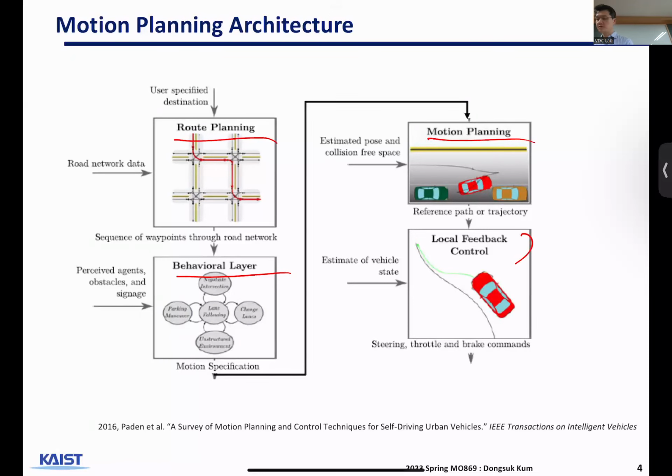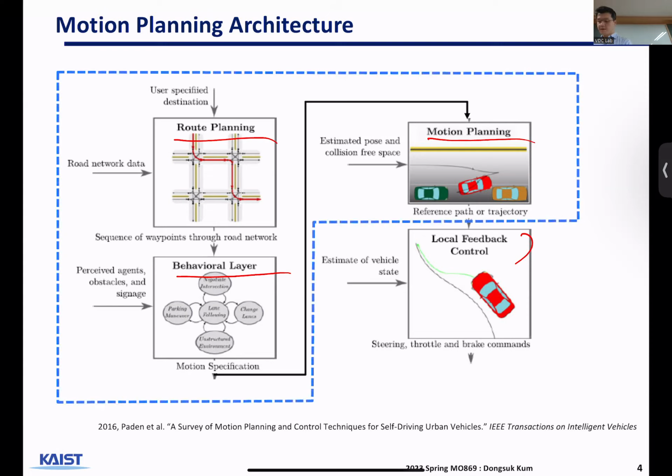But like I said, the feedback control part should be taught separately as a separate module, so in this lecture we are not going to cover the low-level feedback control. We're going to discuss these three parts: route planning, behavior layer, and local motion planning.